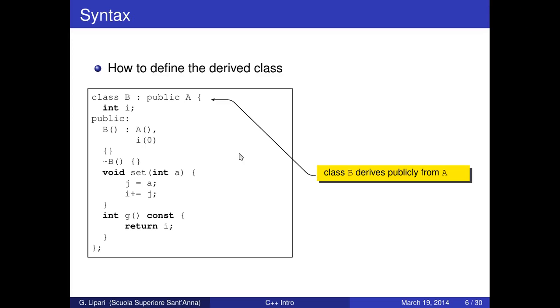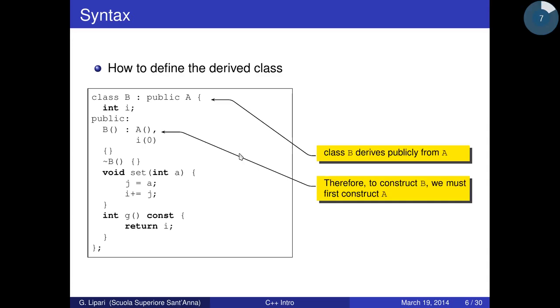So B derives publicly from A. It means basically that B inherits the interface of A. First of all, B is a more specific object with respect to A. So this means that when we construct an object of type B, we must first construct an object of type A and then add the new things.